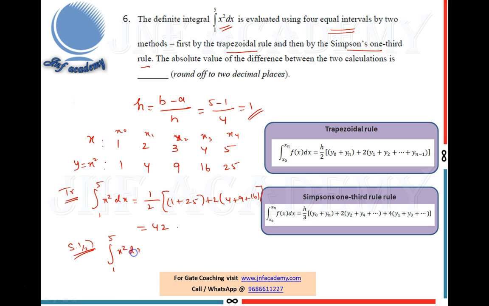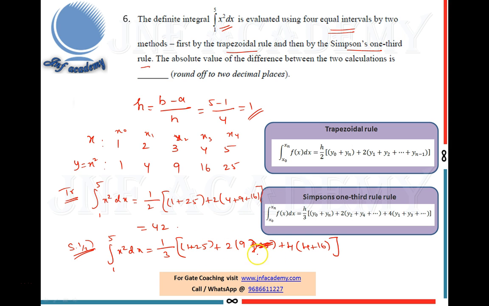I got x square dx equal to 1 by 3 into y0 plus yn, that is 1 plus 25, plus 2 into y2, y2 is 9, plus 4 into y1 and y3, this is 4 plus 16.